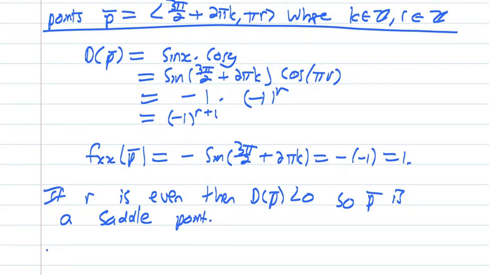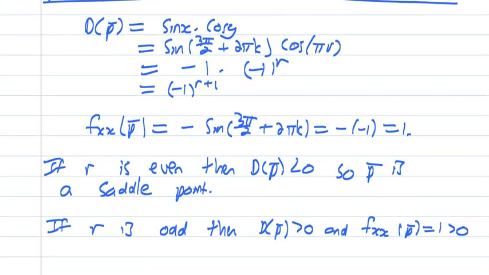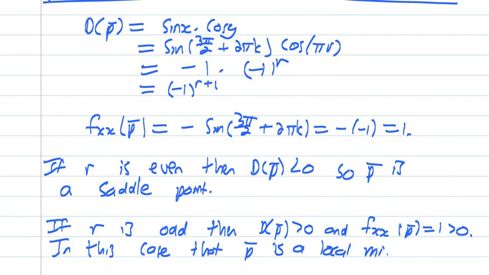We also have to look at the case if r is odd. If r is odd, then d at that point evaluates to odd plus 1, which is even, and minus 1 to the power even is 1, so it is positive. And we saw that f double x at the point P is equal to 1, so that is positive. And so we can say in this case that P is a local minimum.